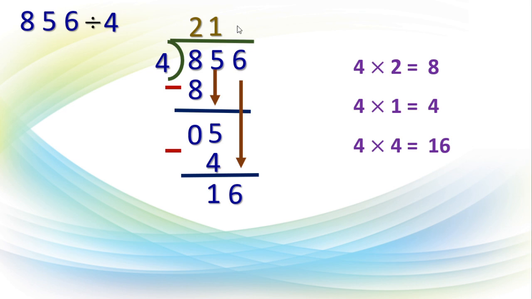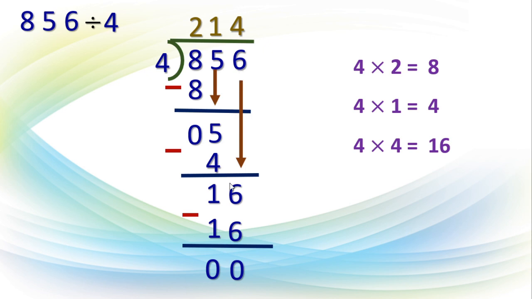So I will write here 4 and 16 here. Then 16 minus 16 is equal to 0, isn't it? Like this we have to do the division of a 3-digit number by a single digit. Stepwise we have to move to the right side.